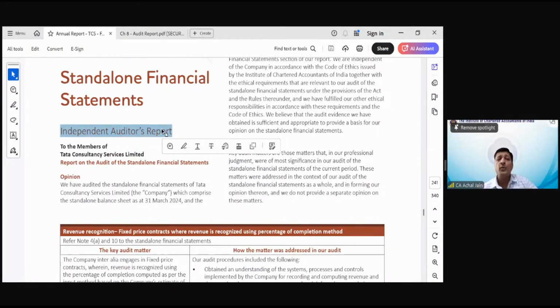So what is the first element? Title. What do you mean by title? Every document has to have some title. Otherwise, how will you identify that? If it's a report, what will you say? It's the report of the auditor, and the auditor has to be independent. Yes or no? The auditor has to be independent always.